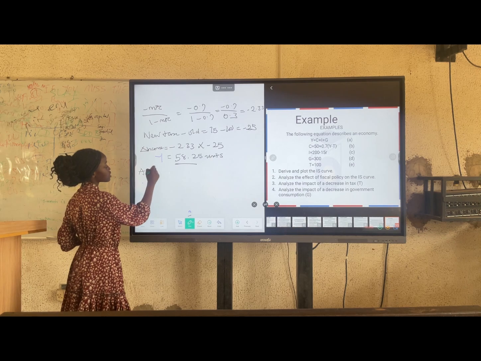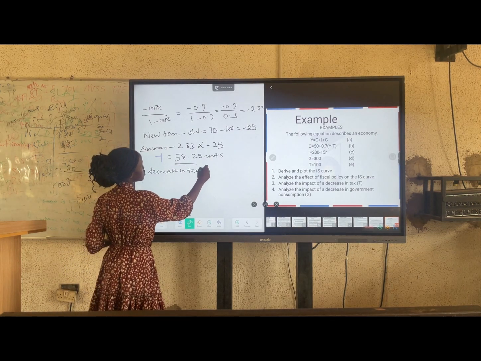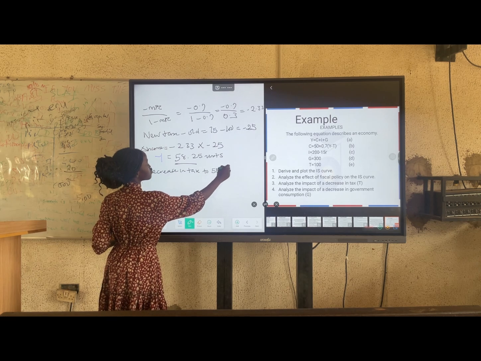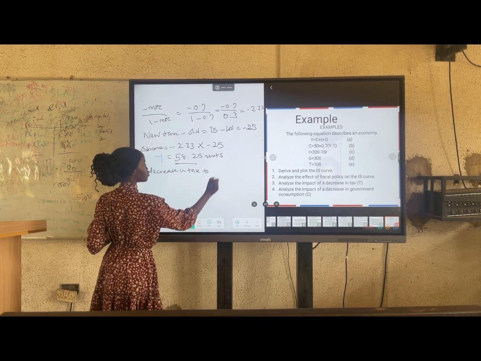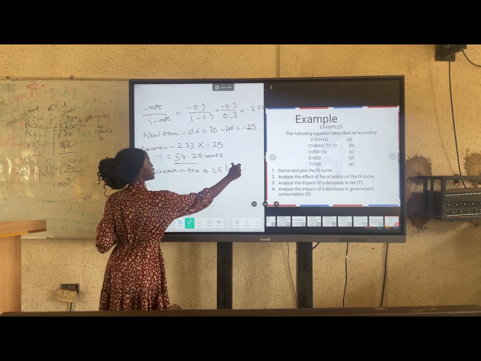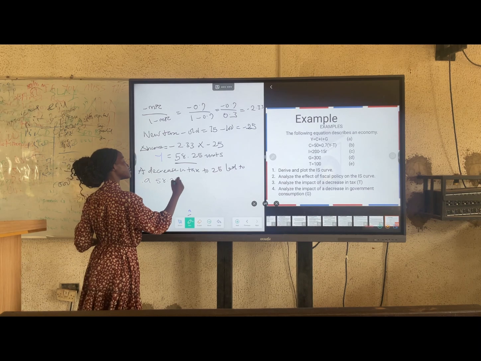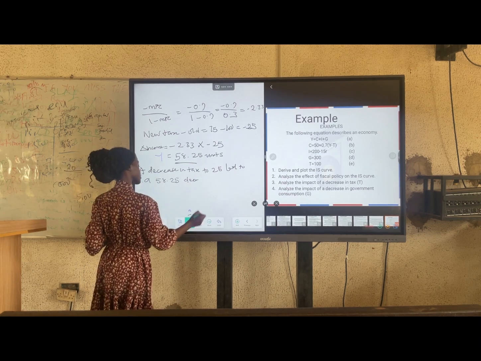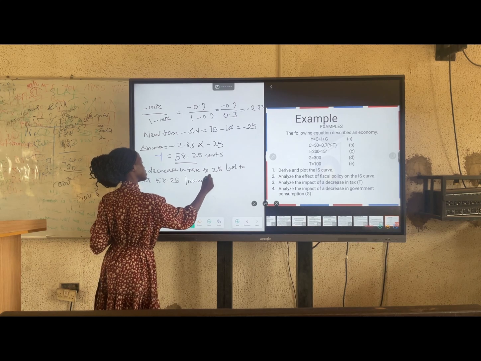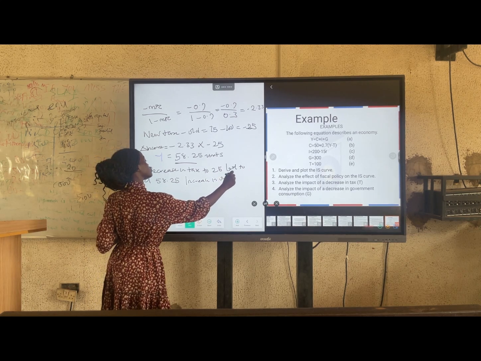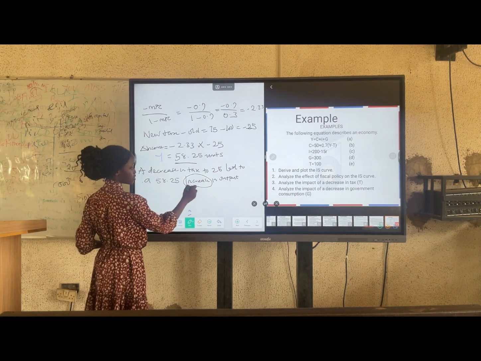So a decrease in tax of 25 led to a 58.25 increase in output. You might be wondering, how do I know it was an increase? It led to an increase.